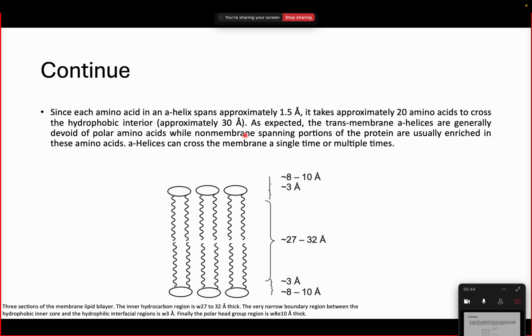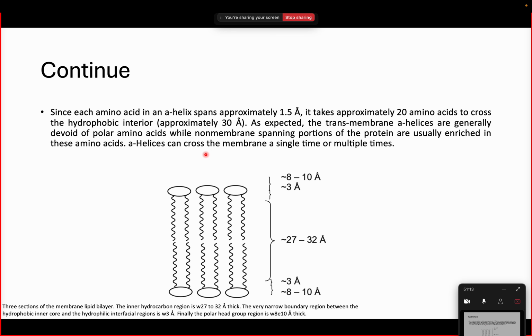As expected, the transmembrane alpha helices are generally devoid of polar amino acid residues, while non-membrane spanning portions of the protein are usually enriched in these amino acids. Alpha helices can cross the membrane a single time or multiple times. So this is the basis of the hydropathy profile also, right? Because the polar amino acids will be absent, and if a region is traversing the membrane, that region will be highly hydrophobic, and hence no polar amino acid will be present there.